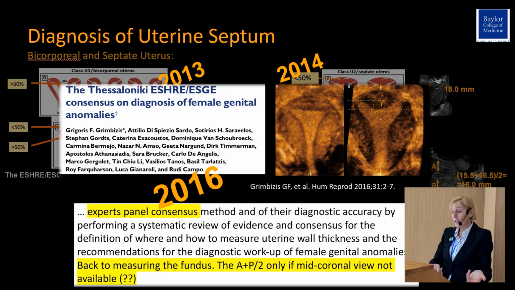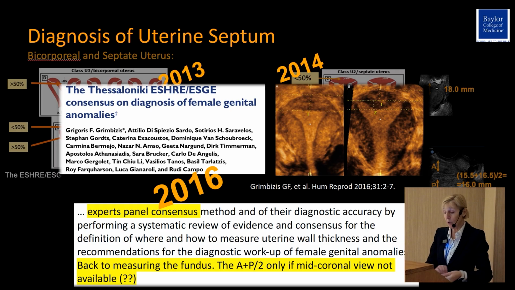So it should be only the fundus, and then you can use the anteroposterior only if, in your opinion, the fundus is not the best place to actually measure the thickness of your wall. So a little bit of disagreement within that classification, and that's why, at least in the United States, it's not really used because it's so cumbersome.